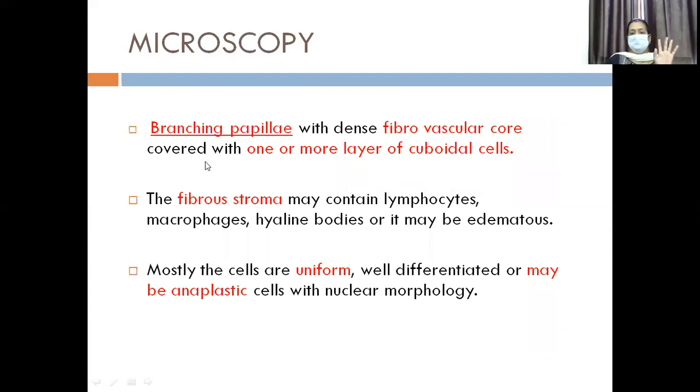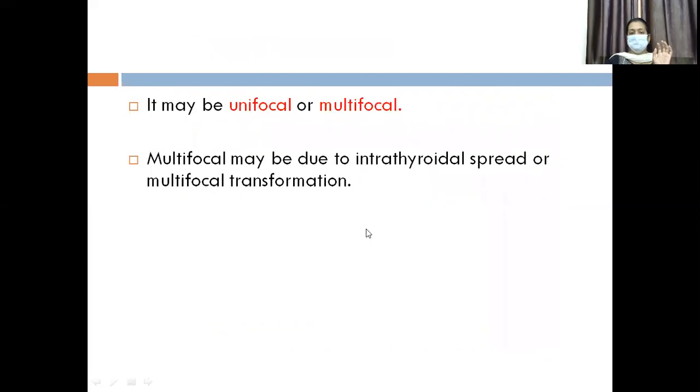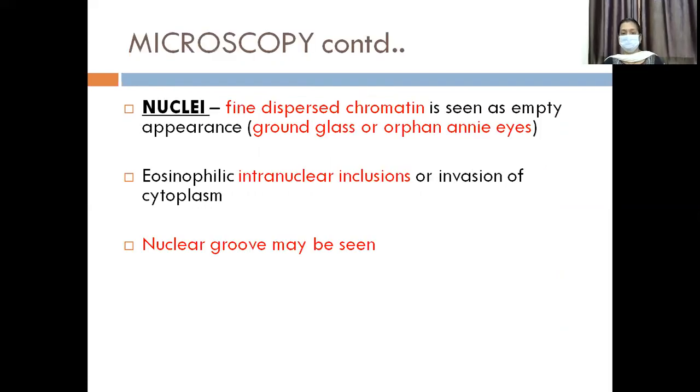Under the microscopy, you see branching papillae with a prominent fibrovascular core, and then it has uniform cells. Sometimes there may be anaplasia. It can be unifocal, like only a single place is involved, or multifocal. Multifocal is due to intrathyroidal spread or multifocal transformation from the genetic material itself in each cell.